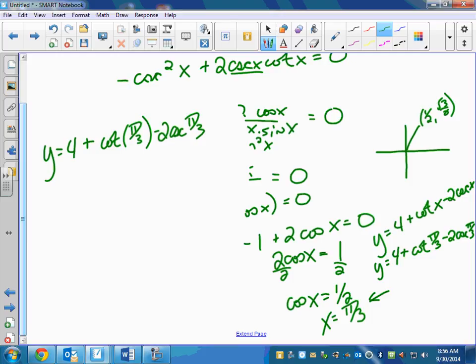This is where you have to be able to do this without a calculator, using your unit circle or your triangles. Cotangent is x over y, so that would be 1/2 over the square root of 3 over 2. And cosecant is 1 over sine, so just flipping that over, 2 over the square root of 3.